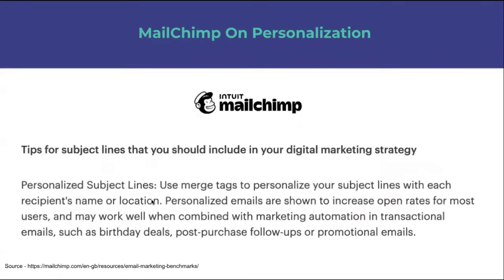And a bit about what MailChimp themselves have said about personalization. Within this same resource, there's a section about how to improve your metrics, how to improve your open rate, how to improve your click-through rate. And they touch on personalization as one of the key methods to do that. Obviously they're talking about personalized subject lines, because you can't personalize an image directly in MailChimp or any other platform really.